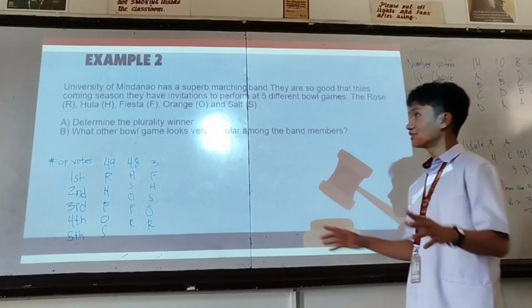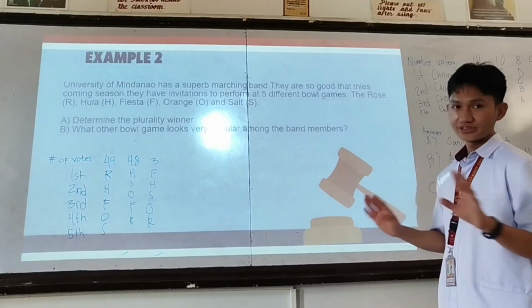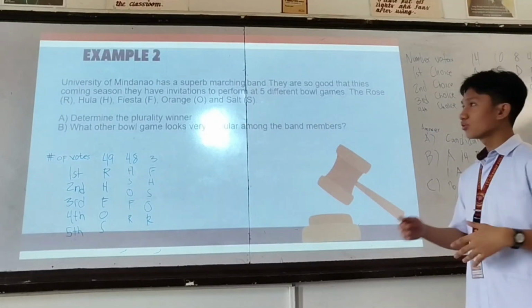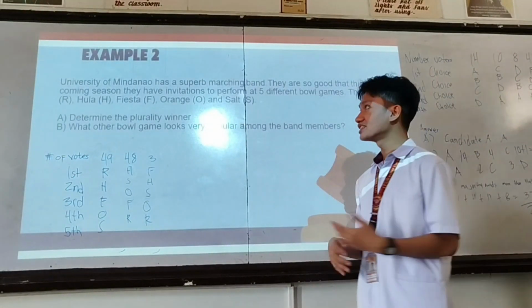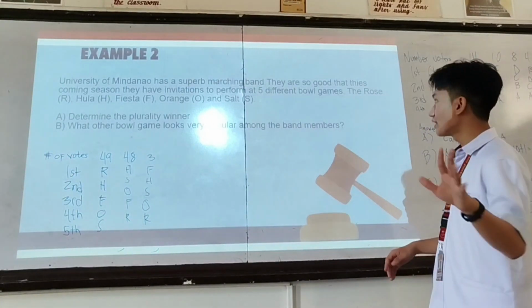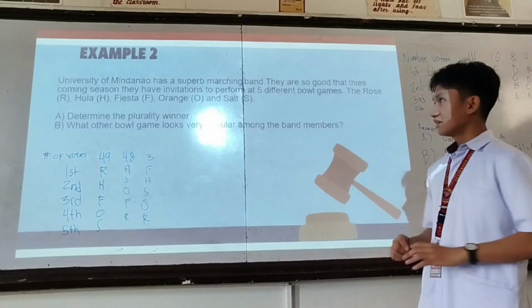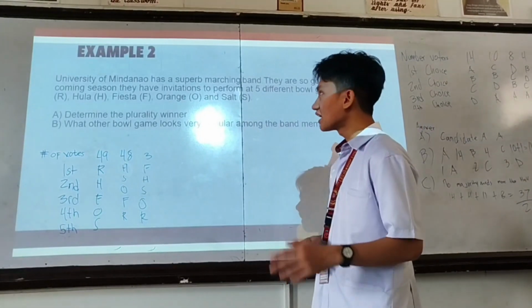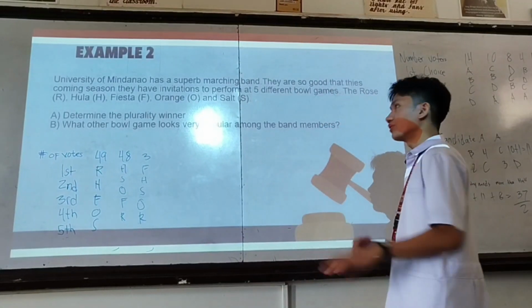Now let's have another example of this. There's the Mindanao marching band. They are so good that in the coming season they receive an invitation to perform at 5 different bowl games, which are the Rose, the Hula, the Fiesta, the Orange, and the Soul.